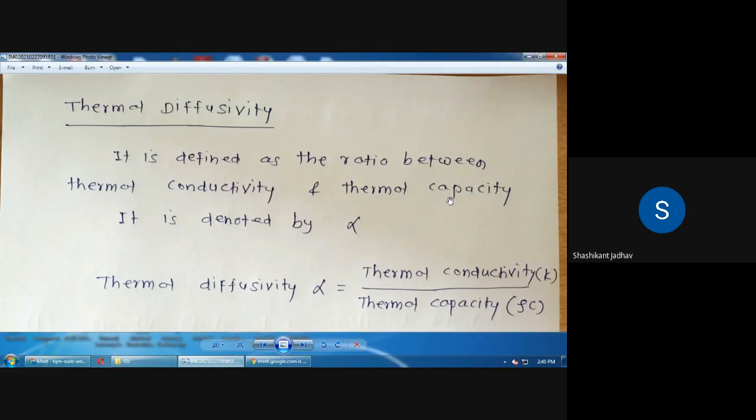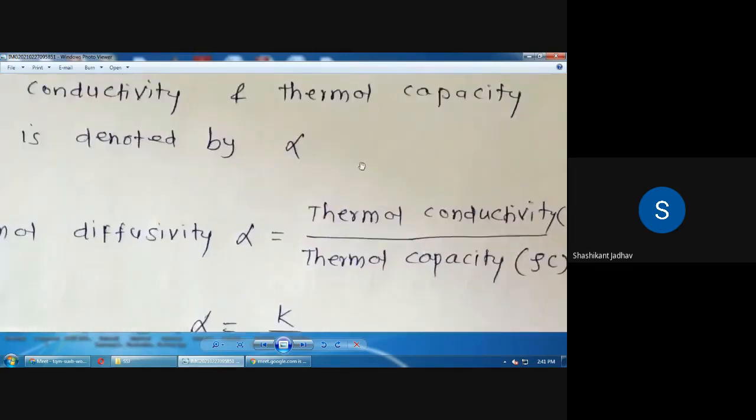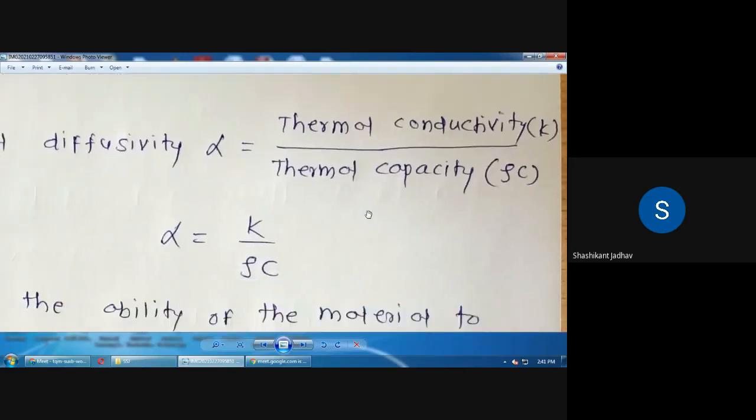Thermal conductivity is K. And the thermal capacity is density into specific heat, so rho into C. Write down thermal capacity in bracket rho into C. So thermal conductivity K divided by thermal capacity rho C, alpha is equal to K upon rho C.